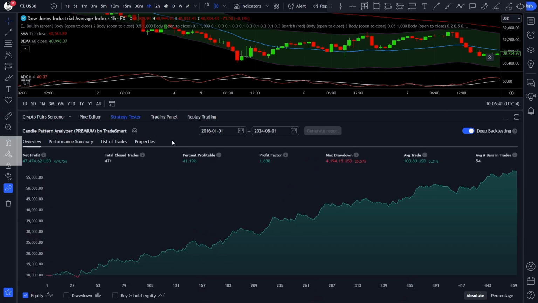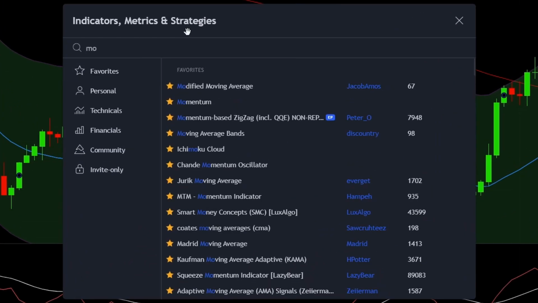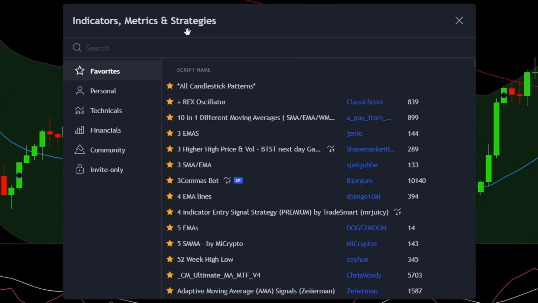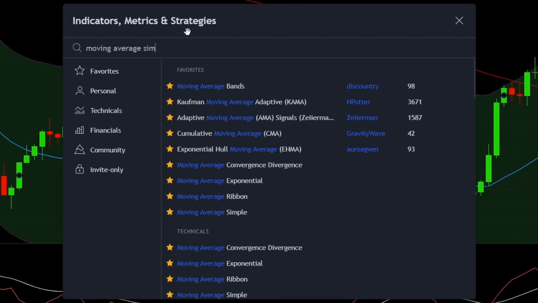And now let me explain how to trade this strategy. Also keep in mind that this is a simplified version of my actual optimization, because I wanted to give you a strategy that you can trade manually. Okay, for those who want to trade it manually, let's add the indicators. First we will need a simple moving average, or SMA. So type in moving average simple.